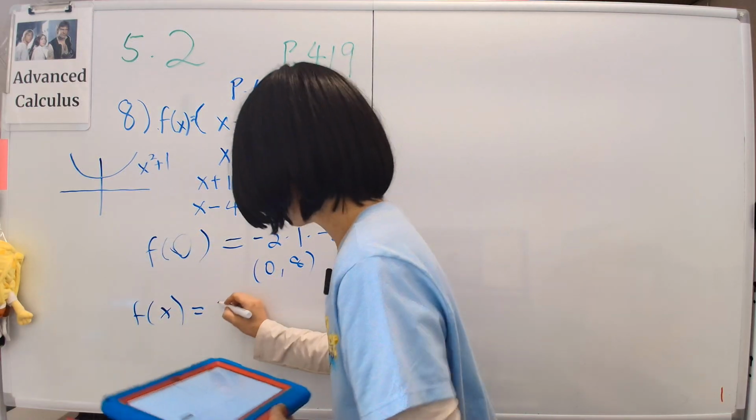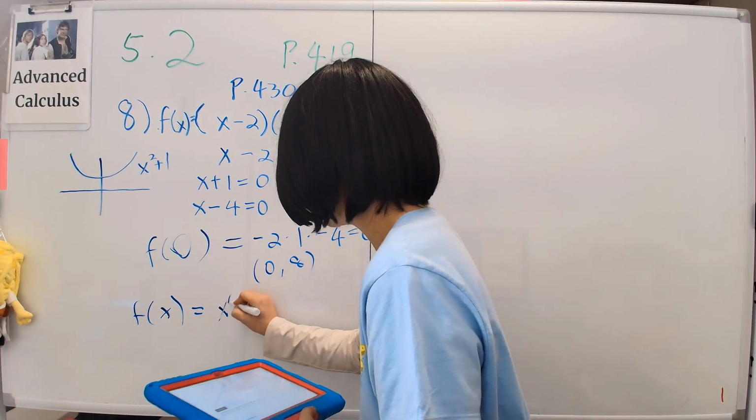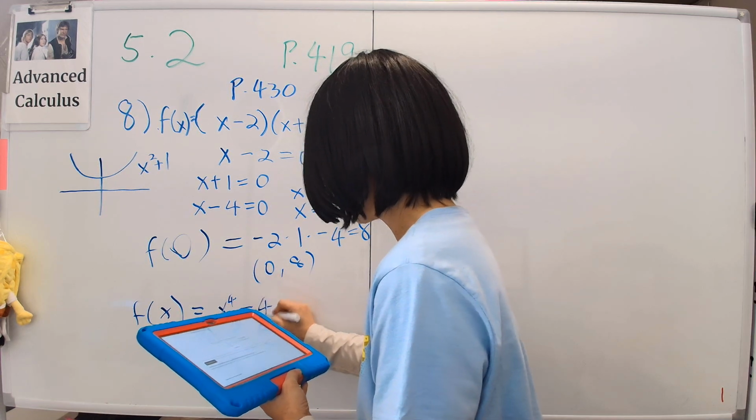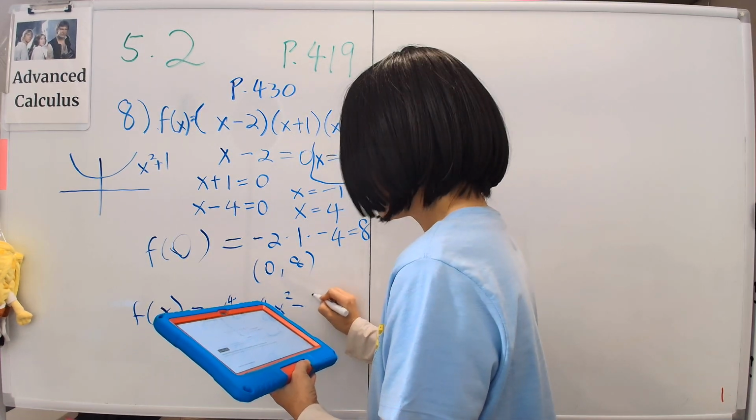So in this case we have x to the 4th power, minus 4x squared, minus 45.